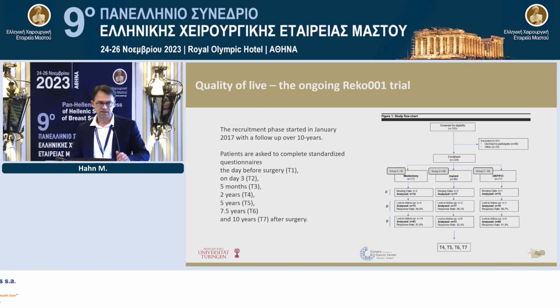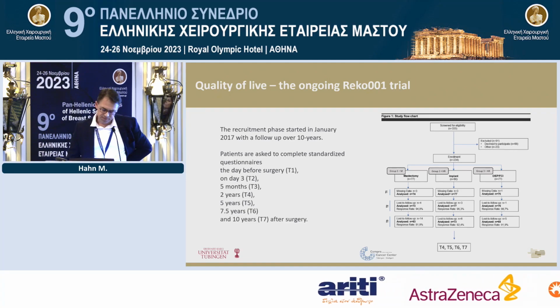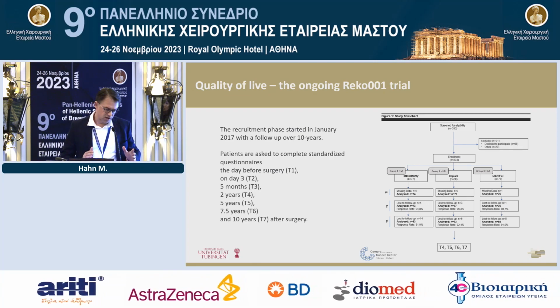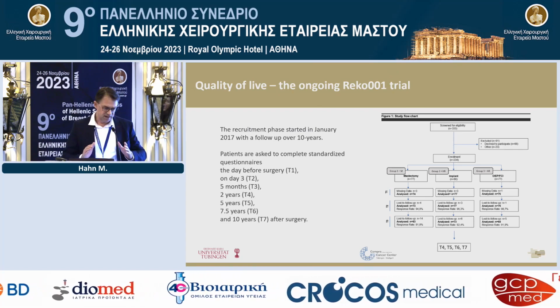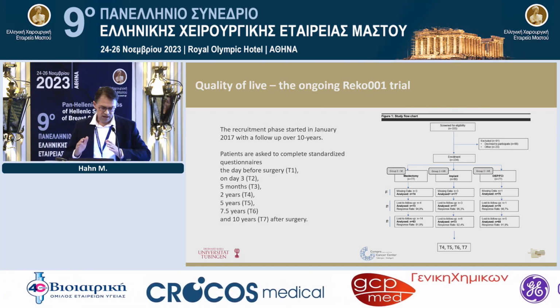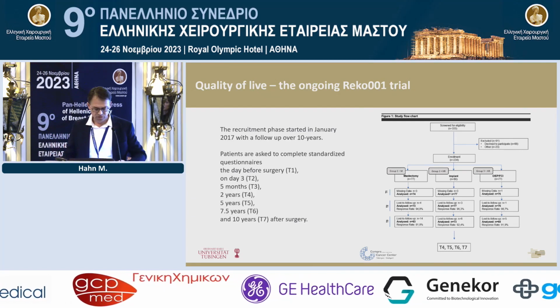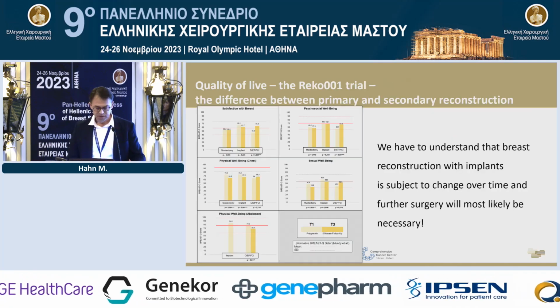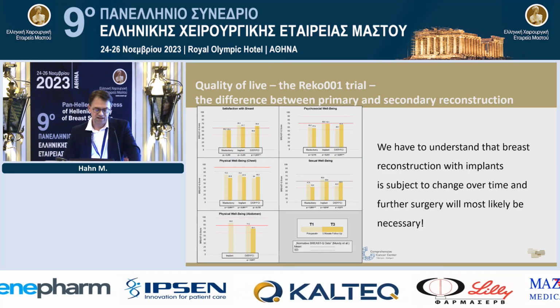We actually did a couple of years ago a trial that's still going on where we compared the quality of life and the complications in our patients who received mastectomy with implants, pre- and retropectoral, and autologous reconstruction. We had in every arm 70 patients, and these are preliminary unpublished data.